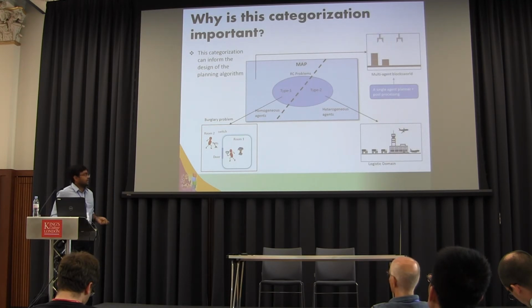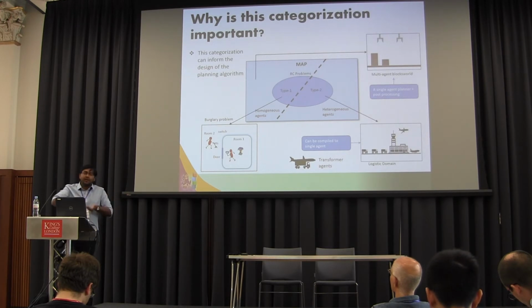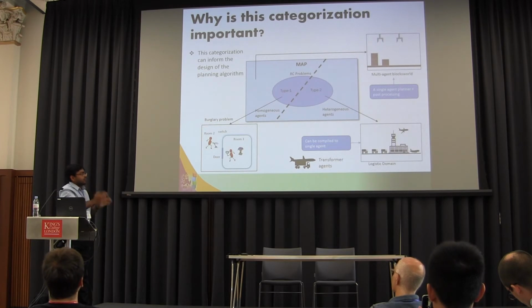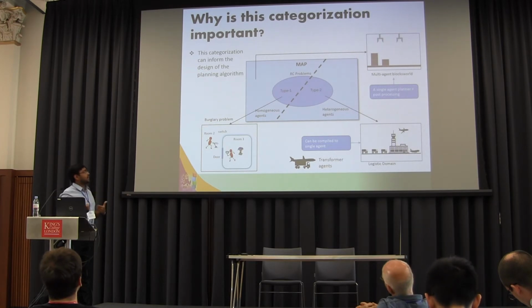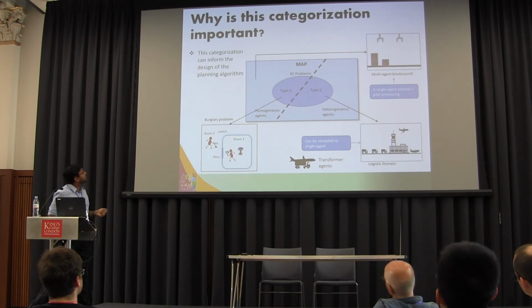Similarly, for the second kind, if we assume the existence of a transformer agent, which is a flying truck, we could solve that problem using a single agent, and then use a similar post-processing step to separate it into the different existing agents. The third problem actually requires a normal multi-agent planner that considers all the agents.